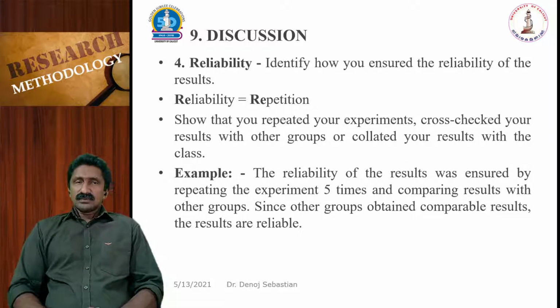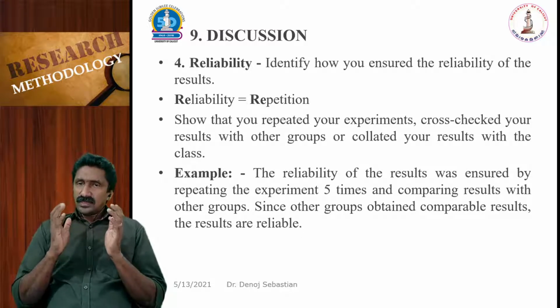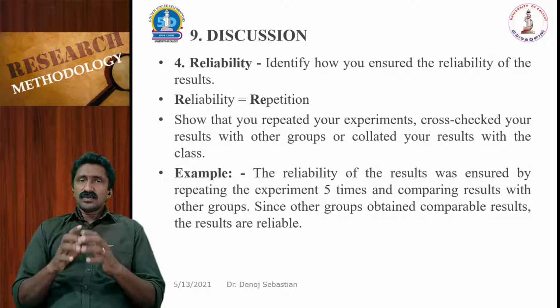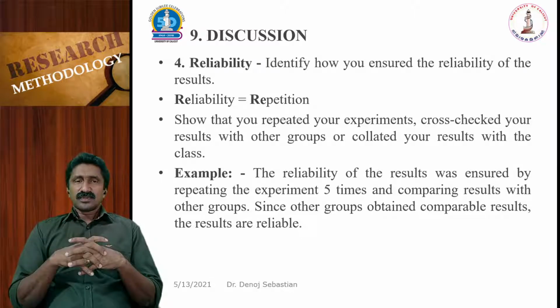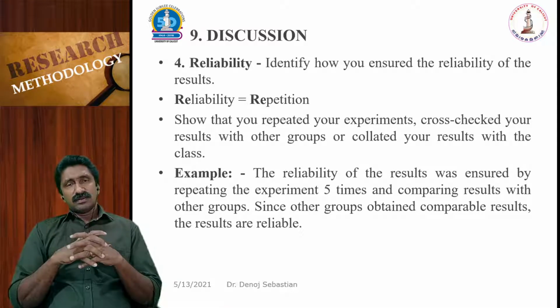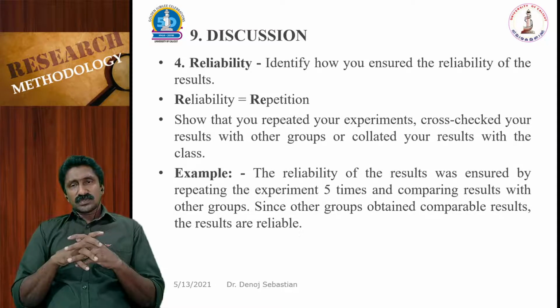Reliability is another one. So, identify how you ensure the reliability of the results. To ensure reliability, the only possibility is repetition. So, if your results need to be reliable, then you have to repeat them. Show that you repeated your experiments.